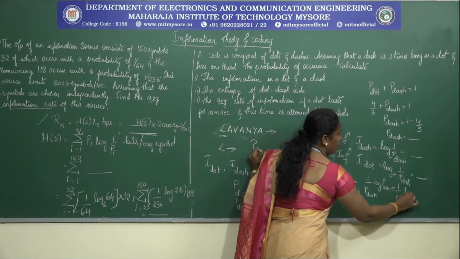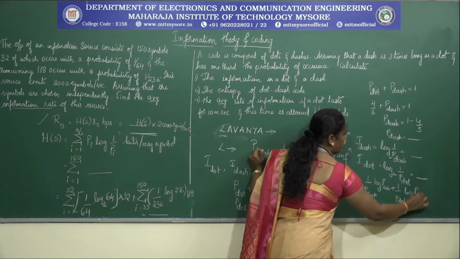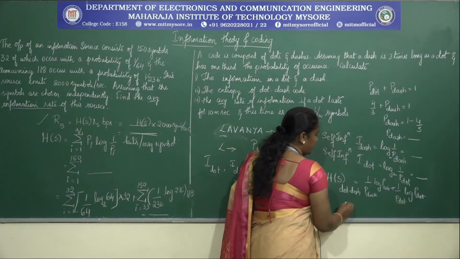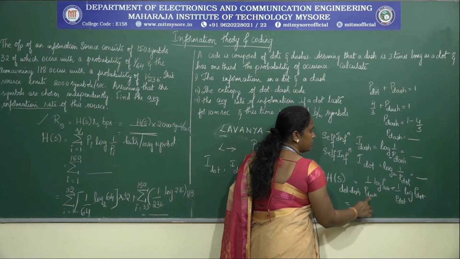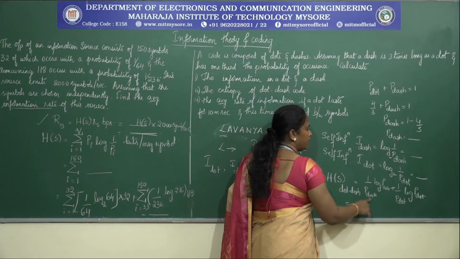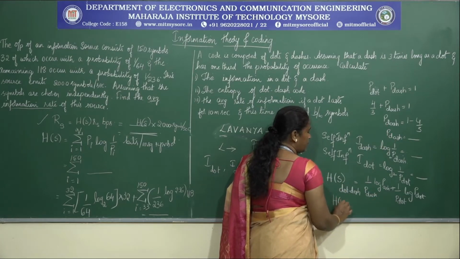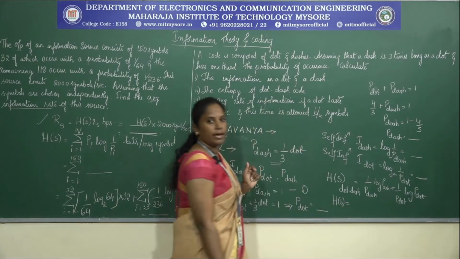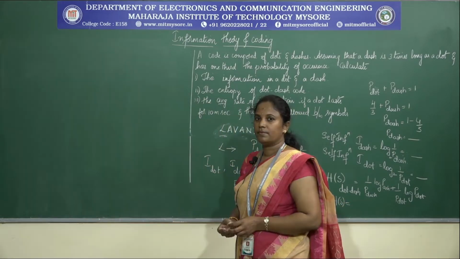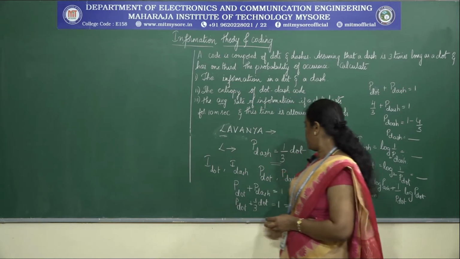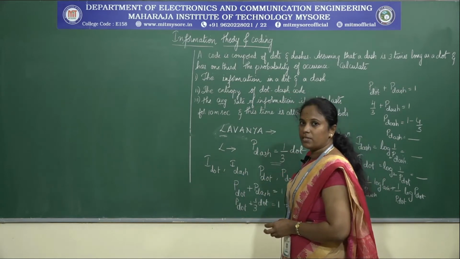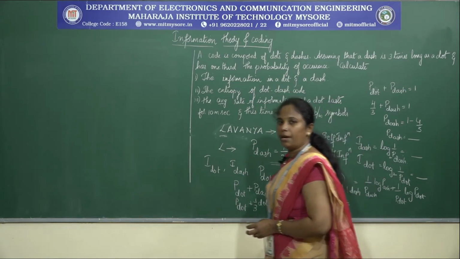If you substitute the dash value as well as the dot value, you will get the entropy of the dot and dash code.